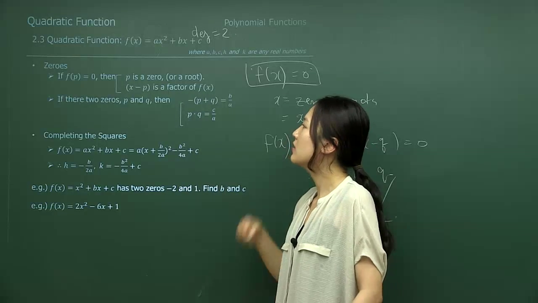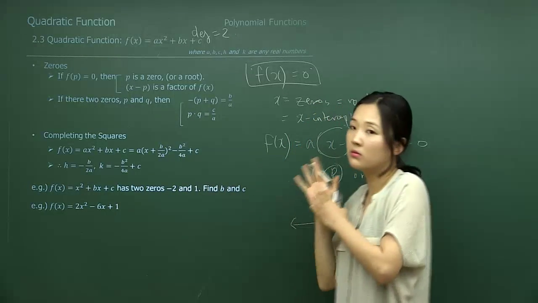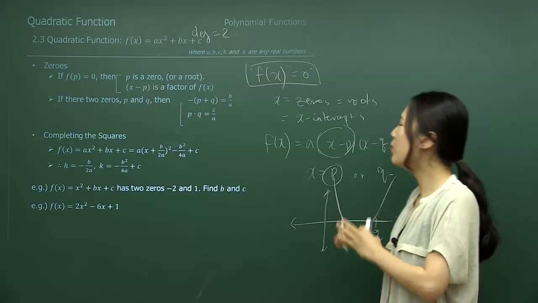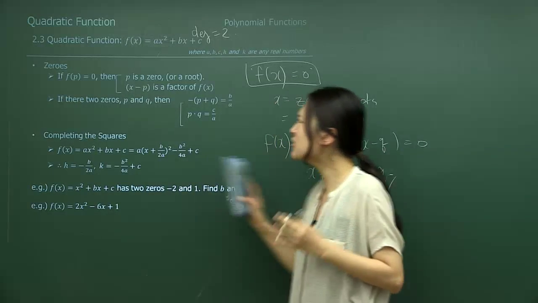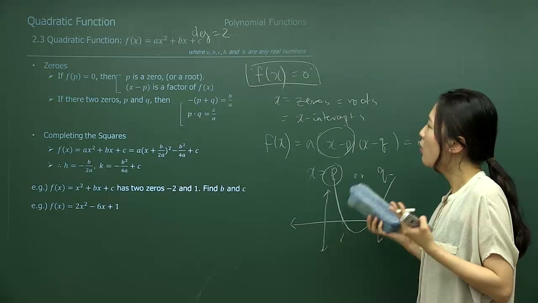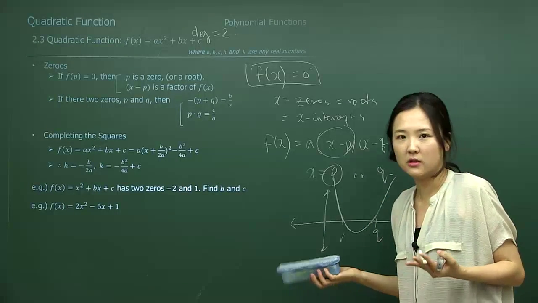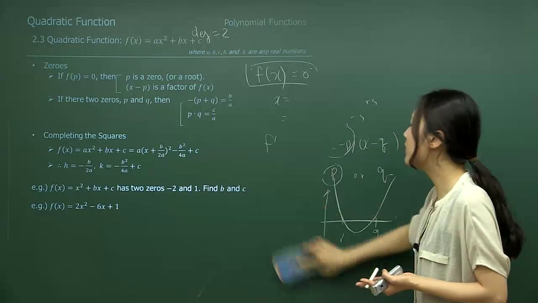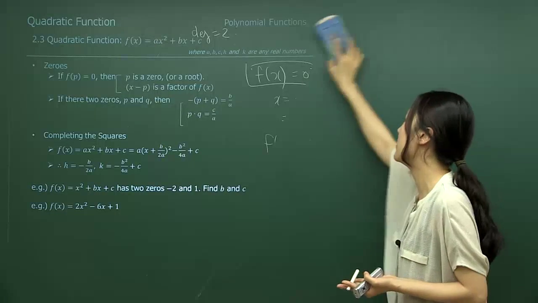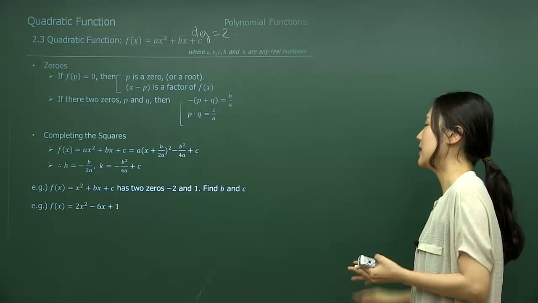There are other ways of getting the important parts of the graph. So before we discuss further, let's talk about what a quadratic graph usually looks like, and the reason why we have to understand and remember so many details when it comes to quadratic functions.